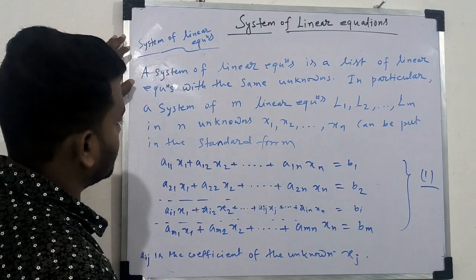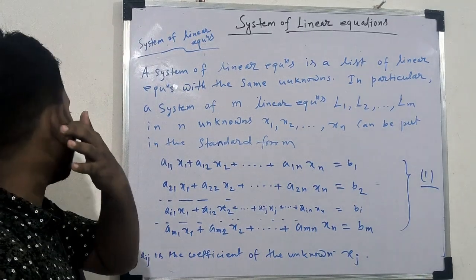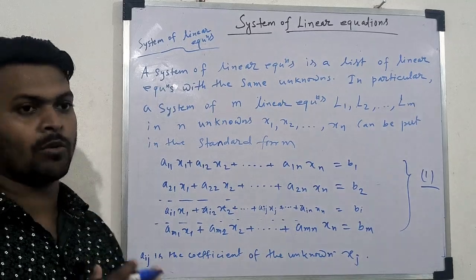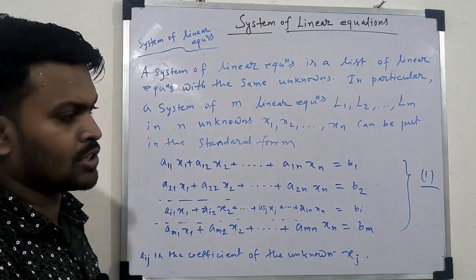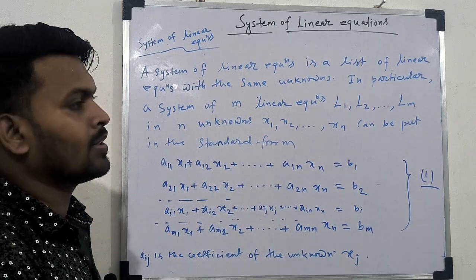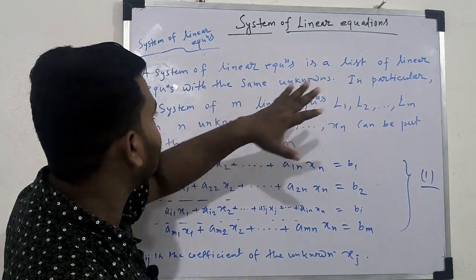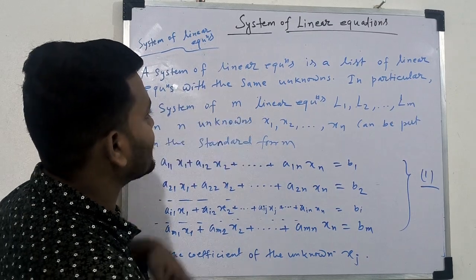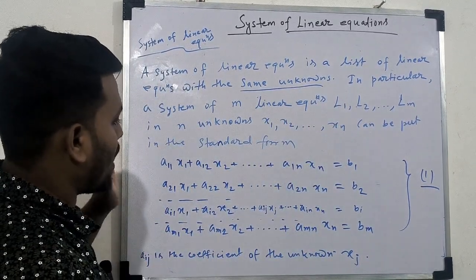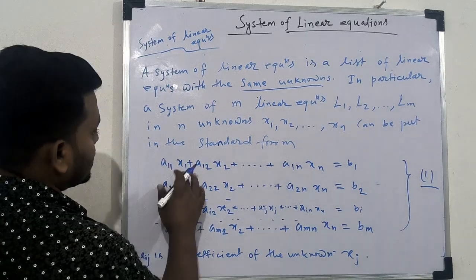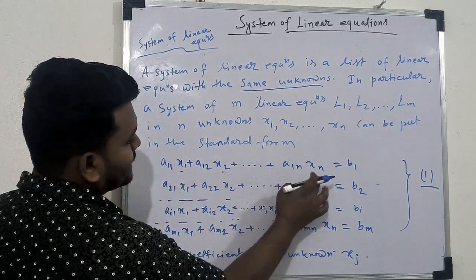Now we discuss a system of linear equations. We discussed one linear equation. A system of linear equations means there is more than one equation with some unknowns. A system of linear equations is a list of linear equations with the same unknowns. If there are m equations with n unknowns, each equation has the same unknowns x1, x2, xn.